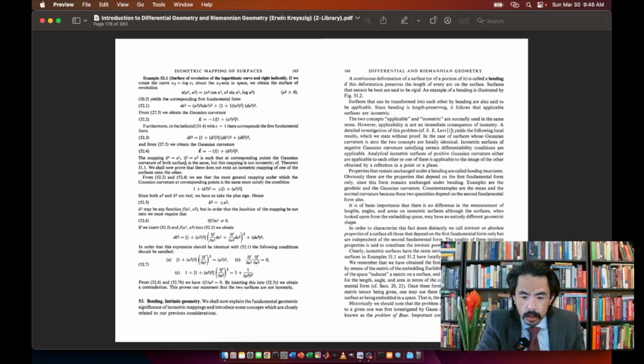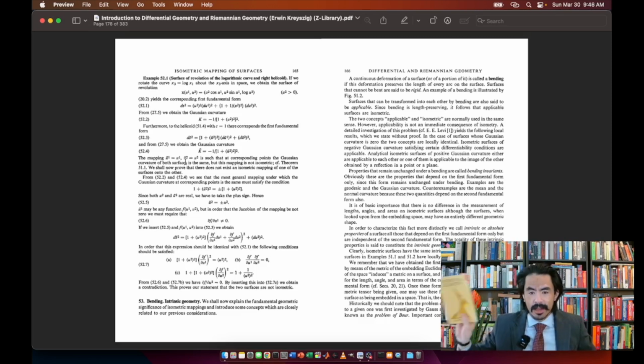All right, what I'm looking for here is making sure that the numbers line up. Yeah, so in this edition here, the Intro to Differential and Riemannian Geometry, section 53 here, is basically what section 57 would be in the 2008 Dover reprinting of the 1959 edition, which is technically the second edition of what Kreyszig wrote.